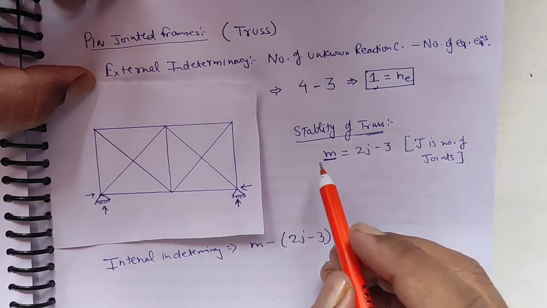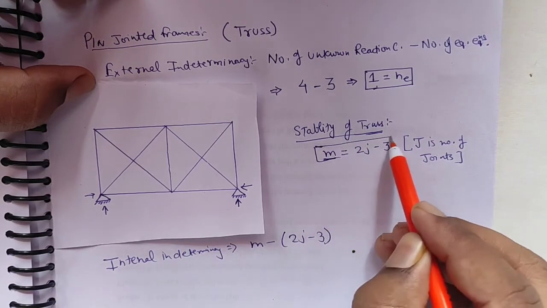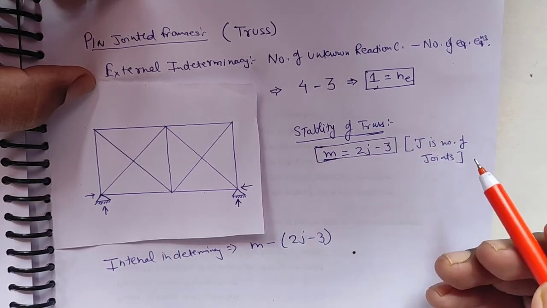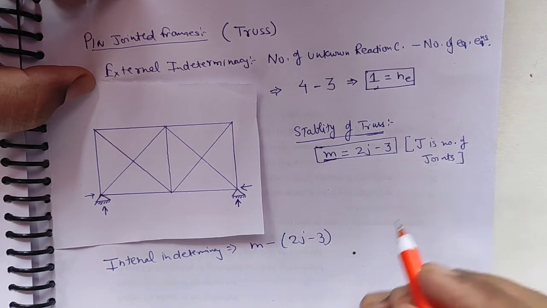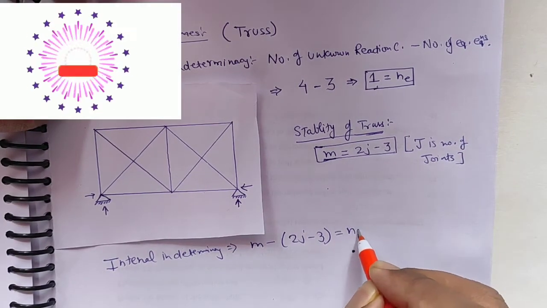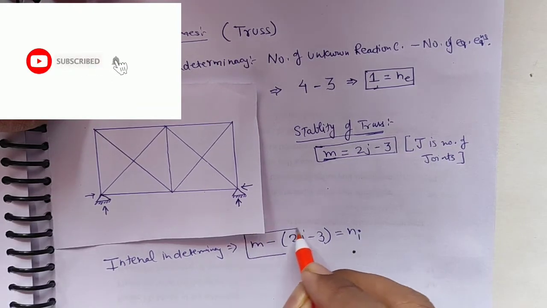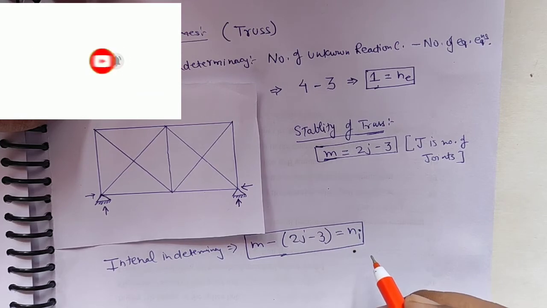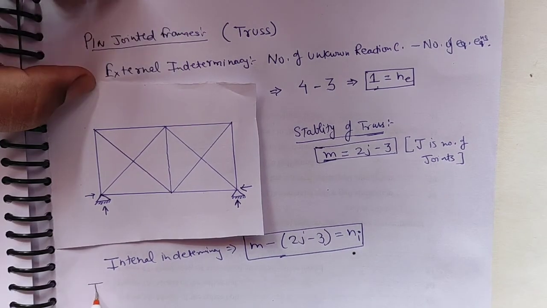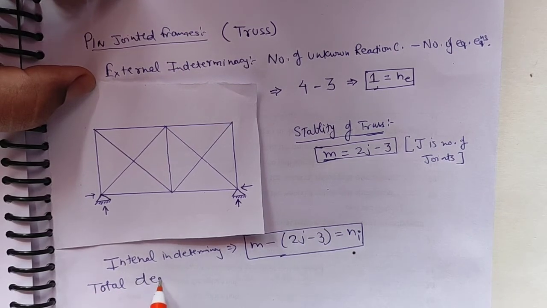First we find the stability of the truss, then we decide that particular truss's internal indeterminacy.